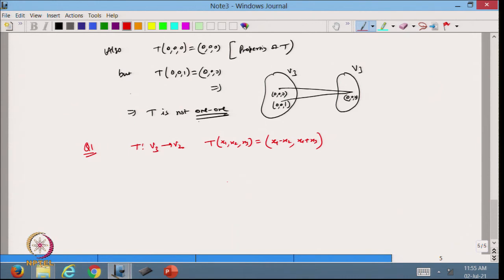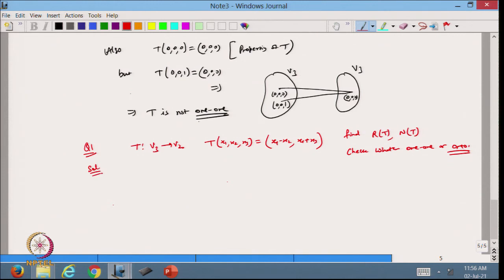Now, I want to find the range space of T, the kernel of T, and check whether T is 1-1 or onto. These things we need to check for this linear transformation. We already know that it is a linear transformation.